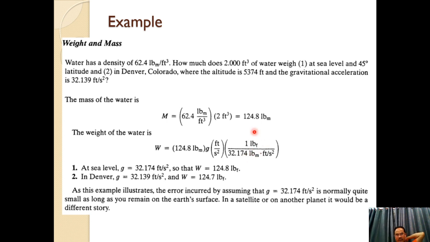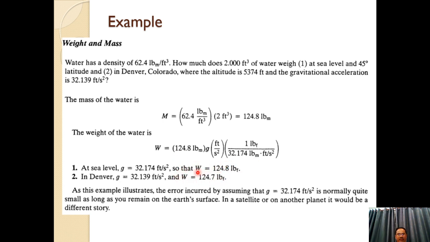At sea level, we use the gravitational acceleration of 32.174 feet per second squared. You substitute g into this and calculate, and we get this value. And also in Colorado, with the altitude, the gravitational acceleration drops to 32.139.